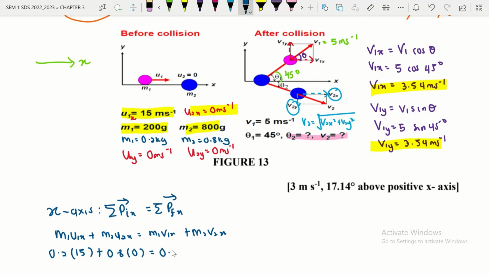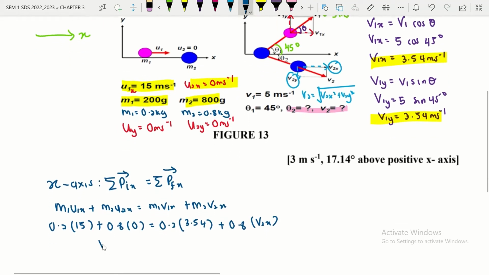So m1 0.2, v1x Miss dah kira 3.54, dan m2 kita adalah 0.8 and we are looking for our v2x. So therefore you akan dapat you punya v2x adalah 2.865 meter per second. Okay, in physics kita hanya ambil 2 decimal place ataupun 3 decimal place.